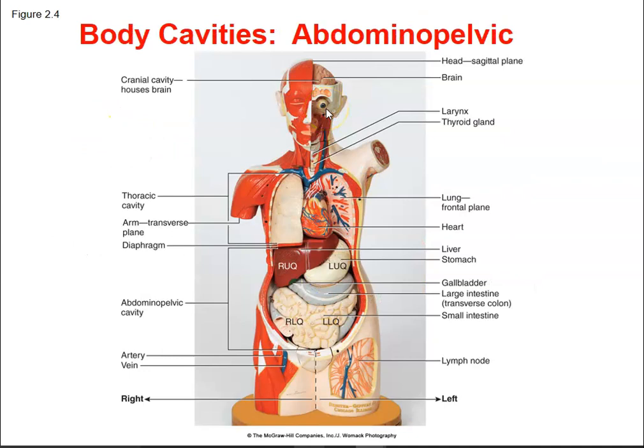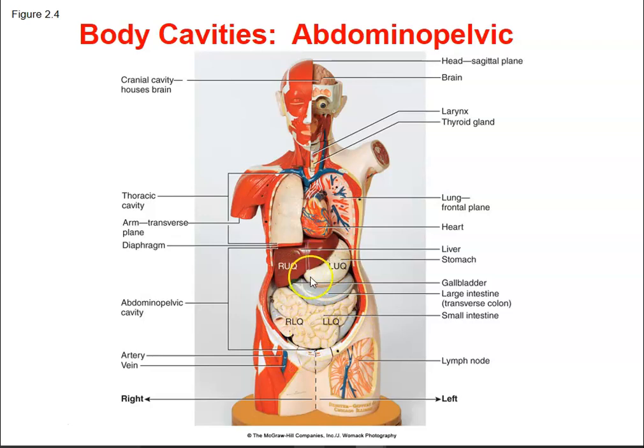So we learned the cavities. Now we need to know what organs are in the cavity. We already mentioned some of them before. If we look at the abdominopelvic cavity, you can see it is divided into 4 regions: the right upper quadrant, left upper quadrant, right lower quadrant, and the left lower quadrant.